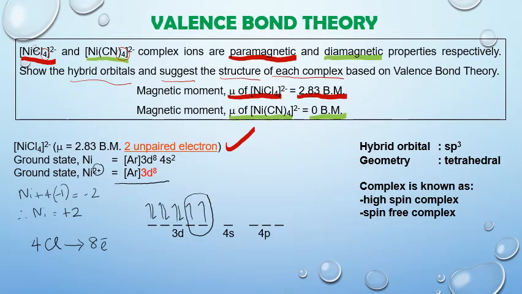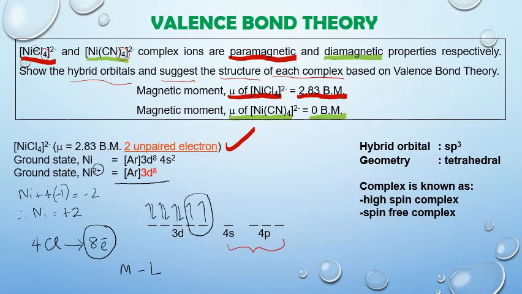Alright, and then valence bond theory says that the bond between metal and ligand occurs when empty orbitals from the metal overlap with the filled orbitals from the ligand. So, because the ligand donates 8 electrons, these are the empty orbitals from the metal.